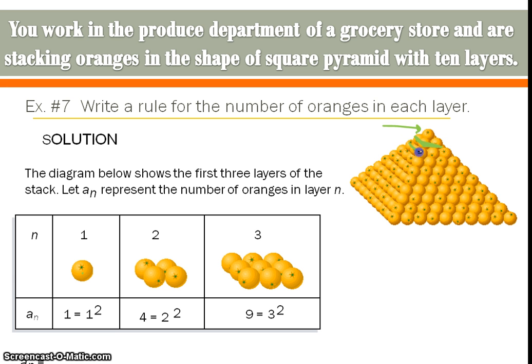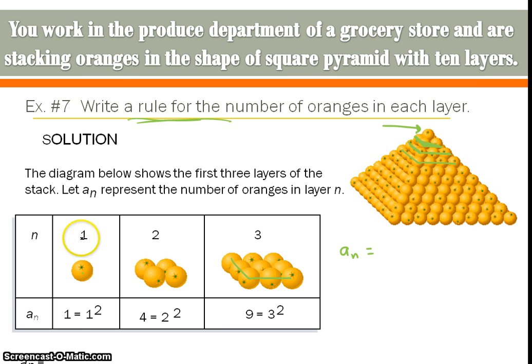And then in our third row, we have a 3 by 3 square, or 9, and so on. For the fourth row, we have a 4 by 4 square, or 4 squared. So if we see a pattern and we want to write a rule for the number of oranges, the number of oranges is a sub n.